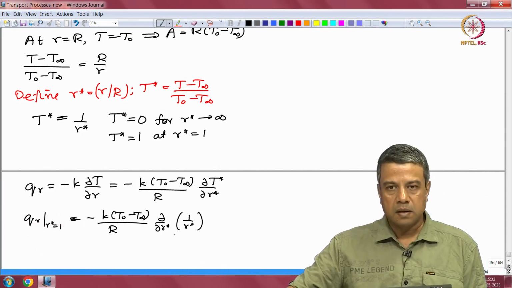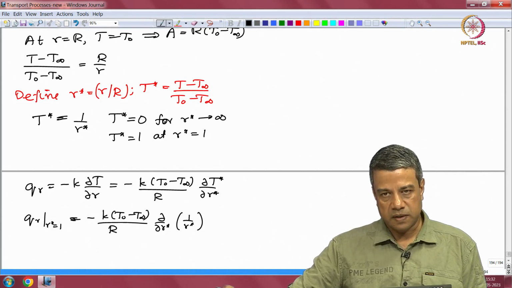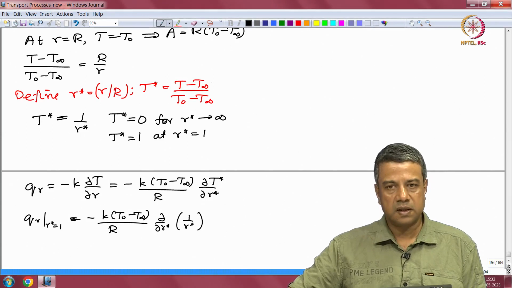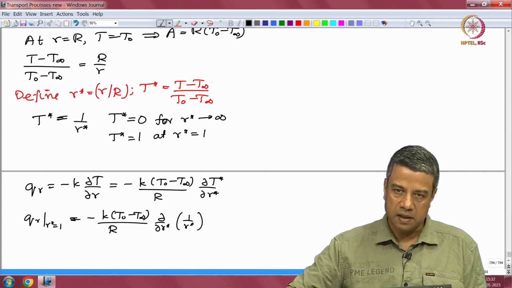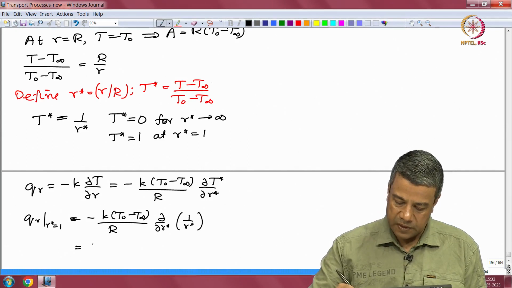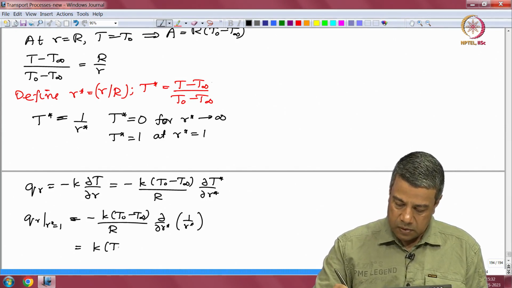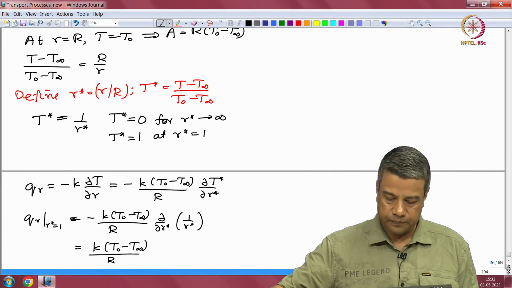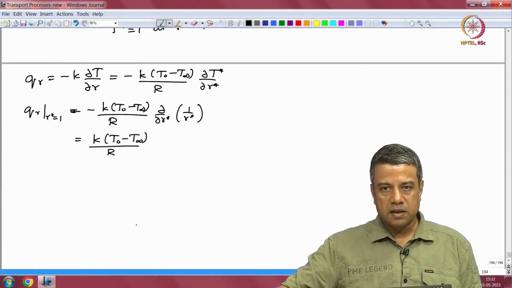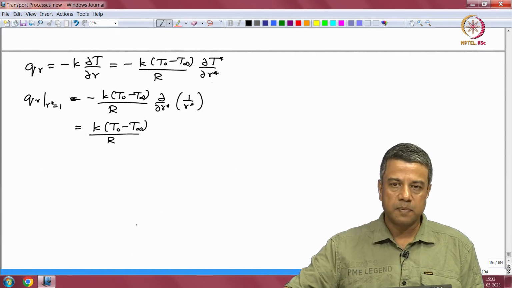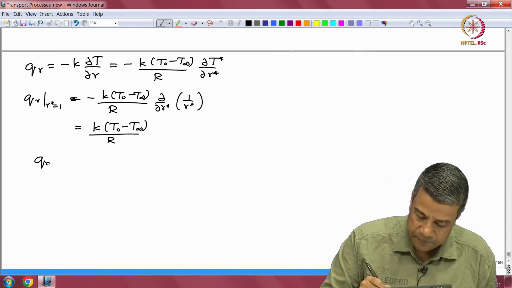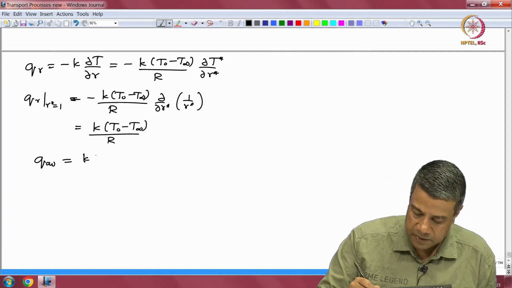So, this just becomes equal to k into T naught minus T infinity by R. This is the flux at the surface. It is independent of position on the surface. That means that the average flux is also equal to the same.